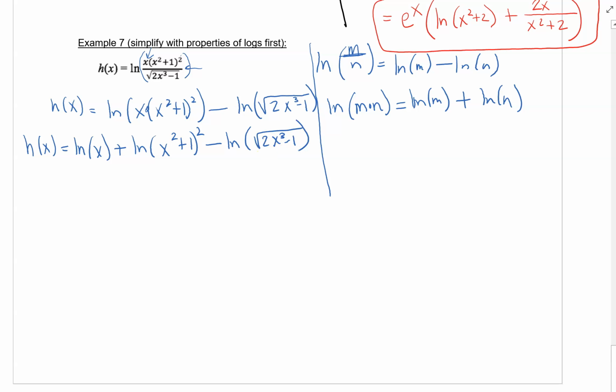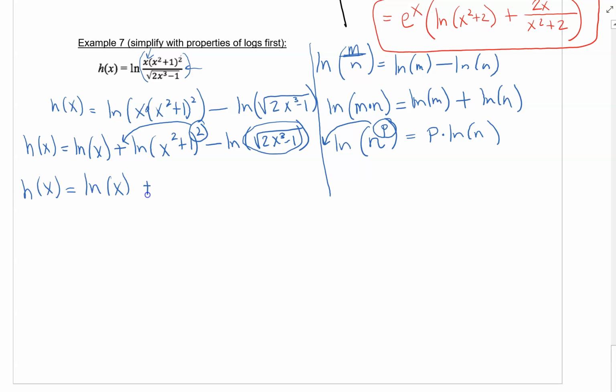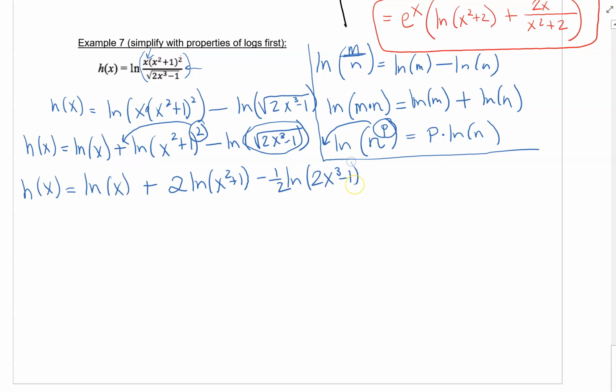And then there's another property of logs that says if you have something raised to some other power inside your log, you can take that power and bring it down in front and multiply it to the outside of the log. So I'm going to do that with this power of 2 here and with this power of 1/2. Then h of x is equal to the natural log of x plus 2 times the natural log of x squared plus 1 minus 1/2 times the natural log of 2x cubed minus 1.